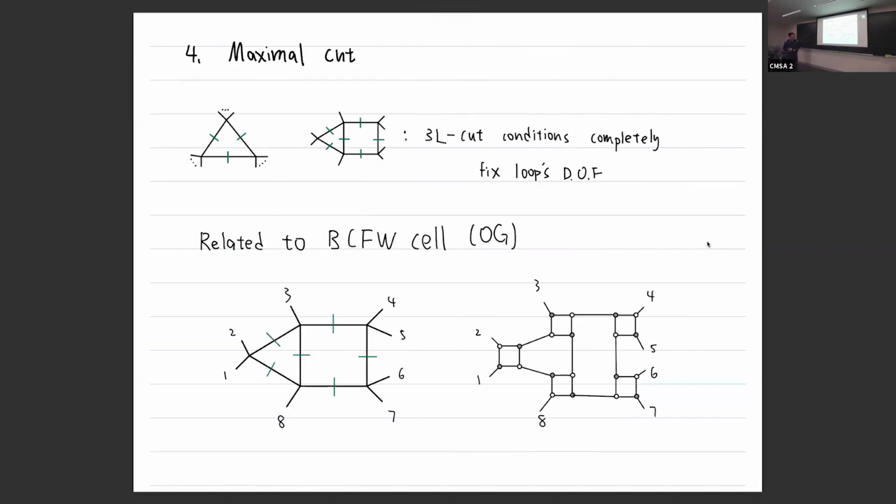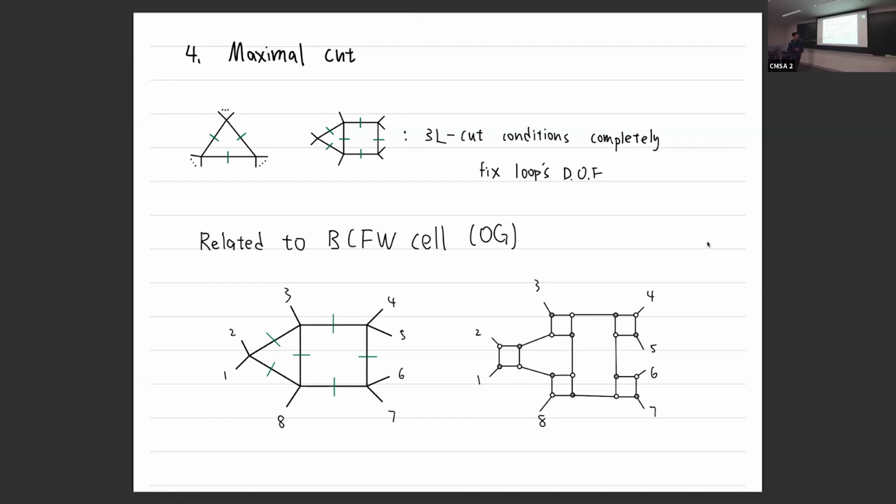The final thing is the maximal cut. The maximal cut is where at L loops we impose the 3L cut conditions, such that the loop degrees of freedom are completely determined. The maximal cut is also related to the BCFW cell, and in ABJM it is a cell of the positive orthogonal Grassmannian OG.